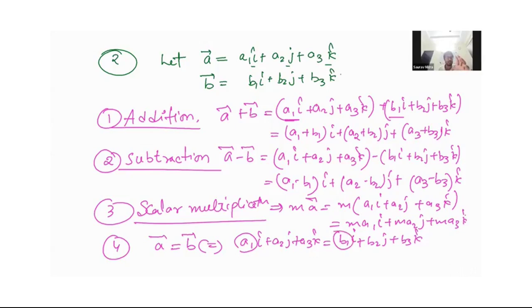If two vectors are equal, the i component equals the i component, the j component equals the j component, and the k component equals the k component. So a1 equals b1, a2 equals b2, a3 equals b3. Clear? This is the equality of two vectors. These are the basic terms you should know.